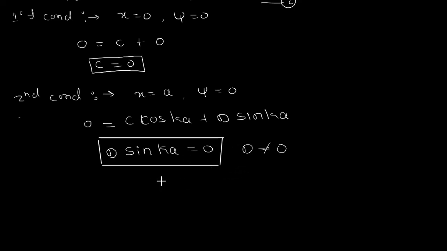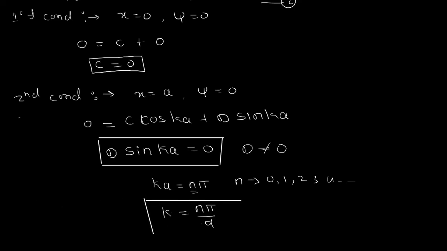So to avoid that, we consider ka equals n pi, where n is the quantum number 1, 2, 3, and so on. Then k equals n pi by a. Keep it inside the box because this is also an important term, and name it equation number 3. So we got k equals n pi by a and c equals 0.